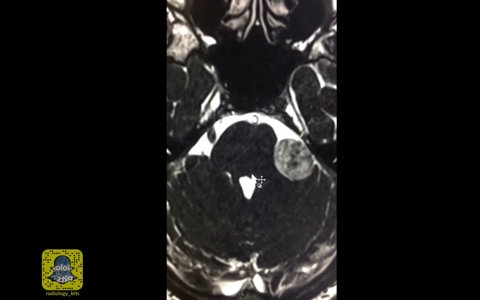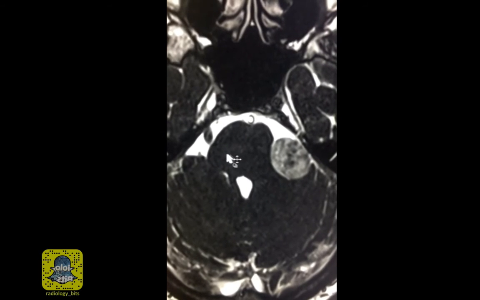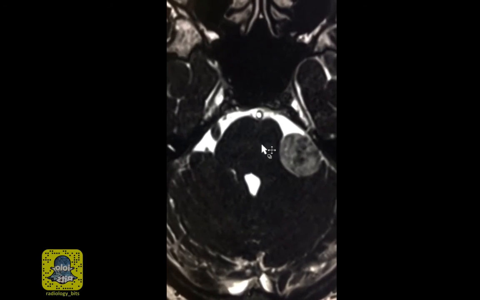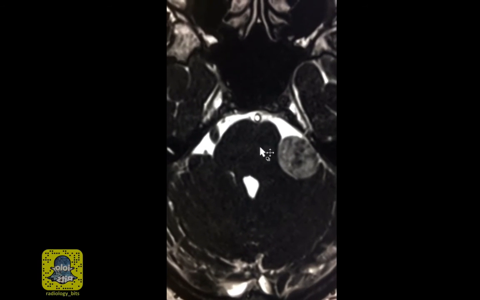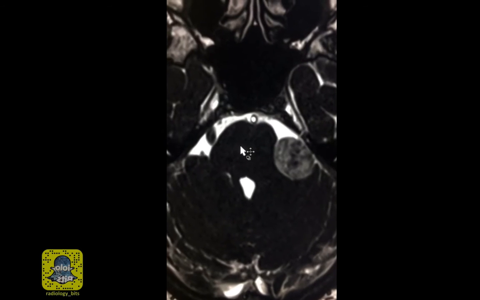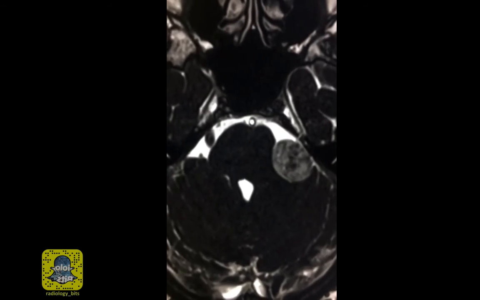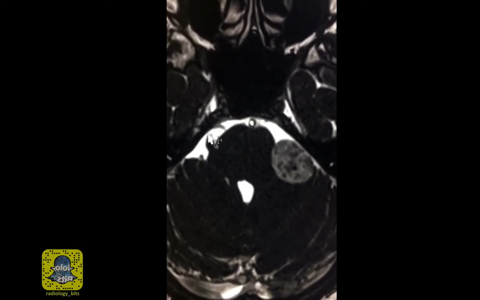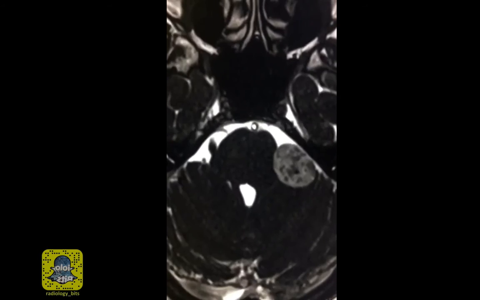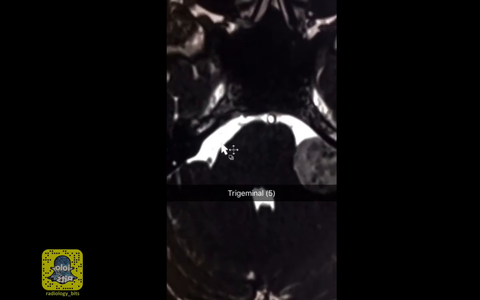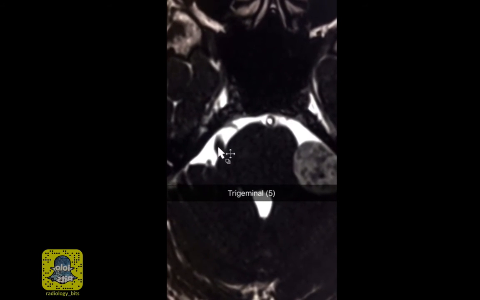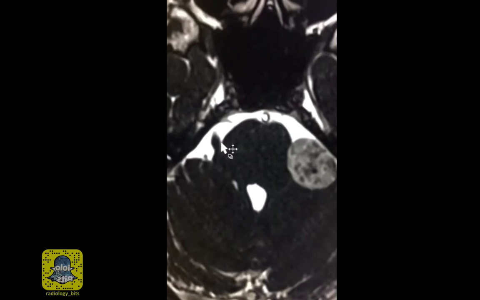We also know that the cranial nerves arise from the brainstem, and this type of MRI is beautiful for showing most of the cranial nerves that we know about. I will show you a few important ones here. For example, let's concentrate on the right. There is this big cranial nerve here, and this large cranial nerve here is the trigeminal nerve, or cranial nerve number 5.